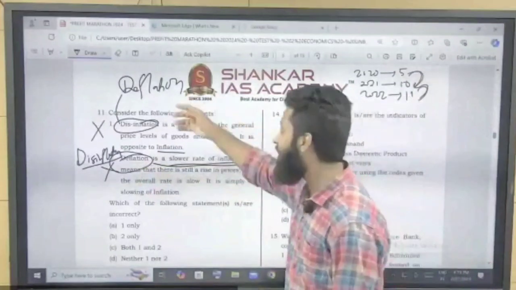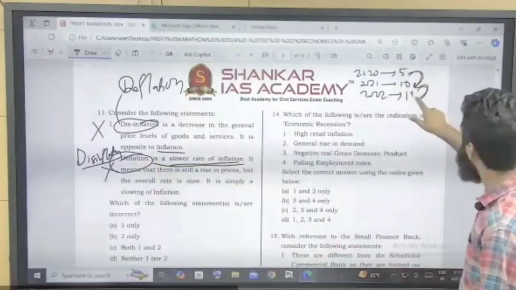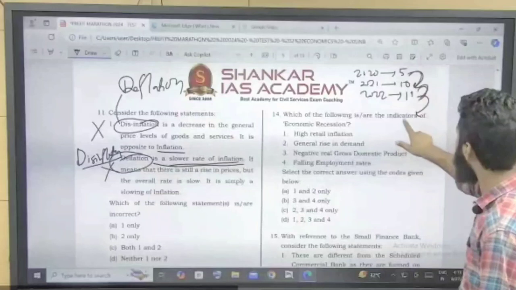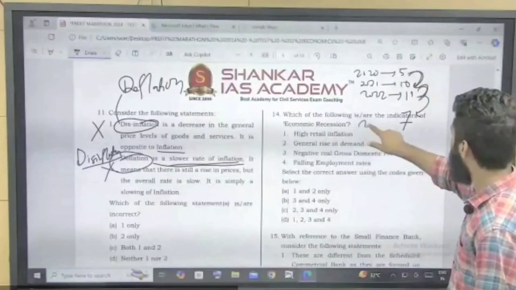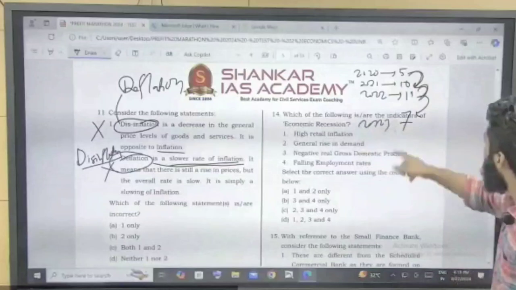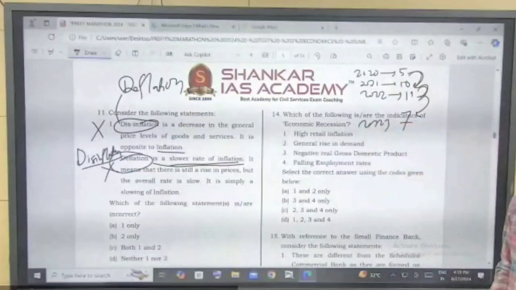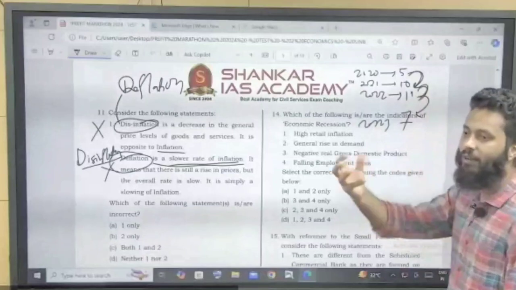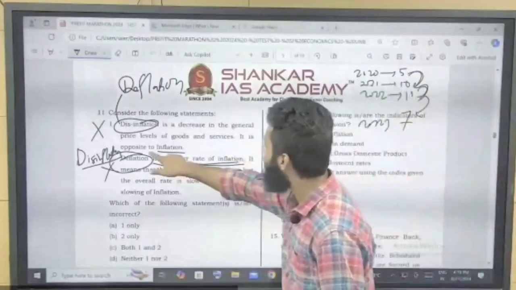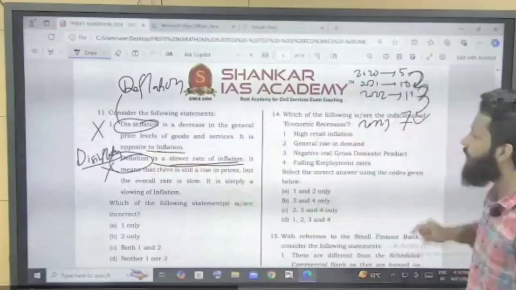But what is deflation? From 11, it has come down to 7 rupees. Next year, 2023, it has come down to 7 rupees. Now inflation is not there. From 11, the value has decreased. It is opposite to inflation.